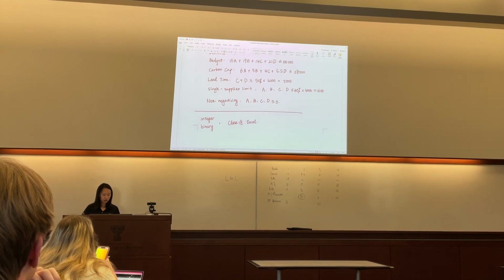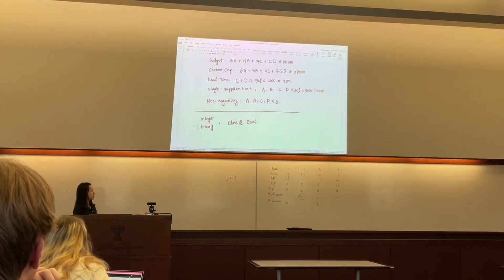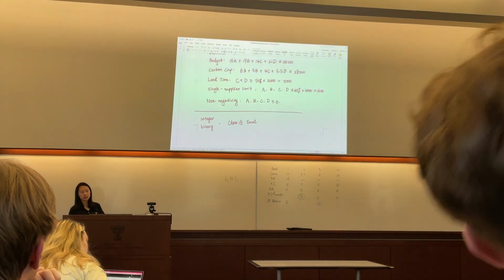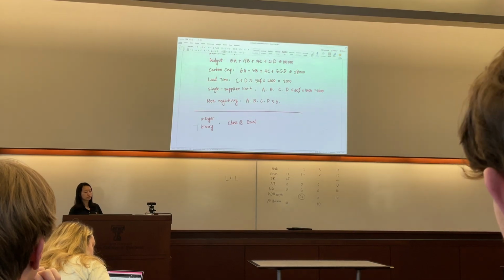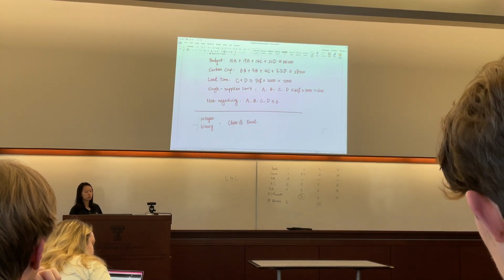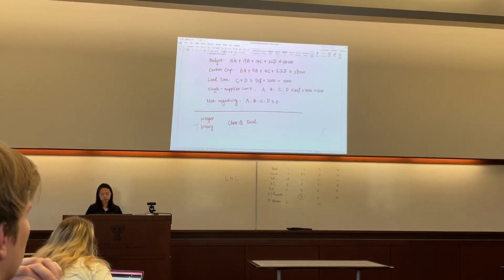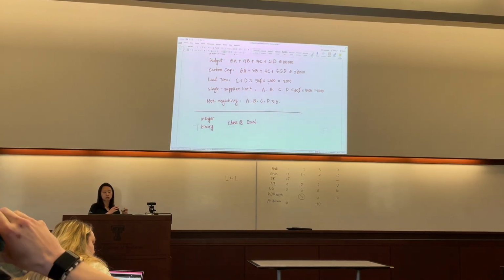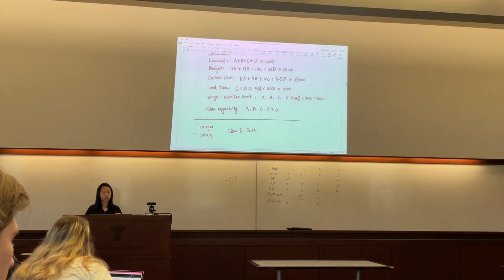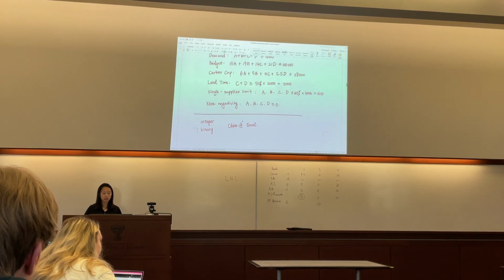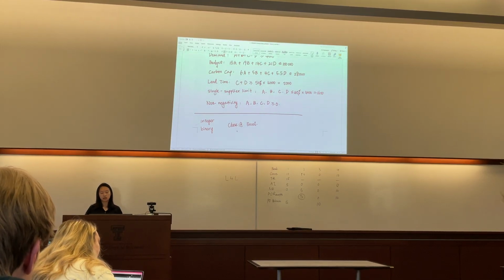For example, probably I will say, if you source from supplier A, you cannot source from supplier B, or if you want to source from the suppliers, you will have to source at least two of them. So things like that, you need to use mathematical expressions to show the constraints under the constraint section. And if you want to remind yourself how to do that, you can go back to class 18 to see how I did those constraints.